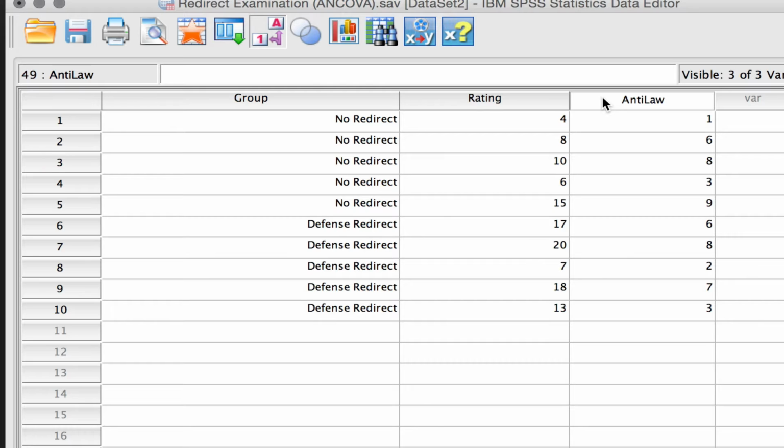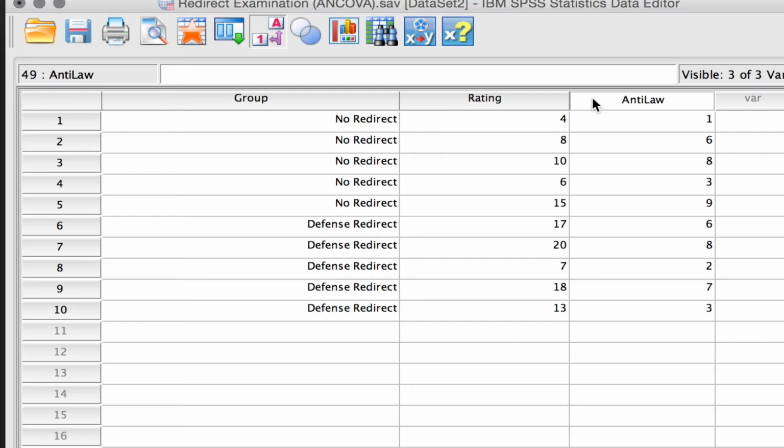I should say that this is a fictitious study, so we showed them the examination of their respective condition, and asked them to rate the credibility of the witness out of 20, and also asked them out of 10 for a rating of their anti-law enforcement attitudes.